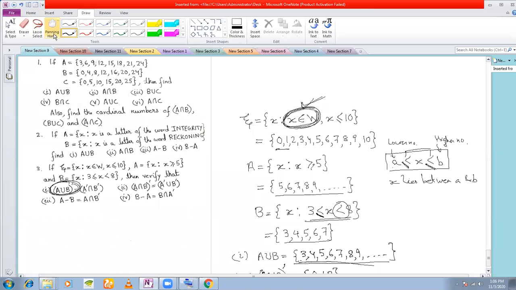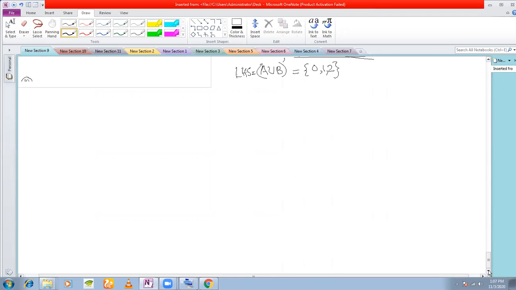Now there's a small mistake here. If the universal set consists of numbers only till 10, this is not an infinite set. This should be a finite set, because the universal set is finite. So this should be a finite set, because the universal set consists of only elements till 10 here.